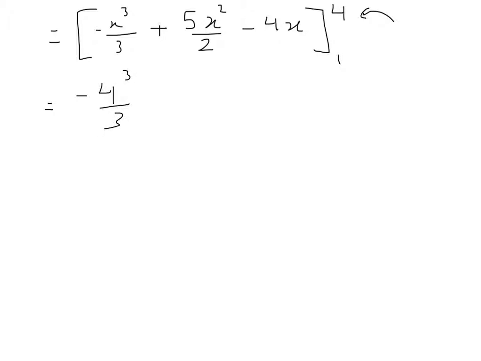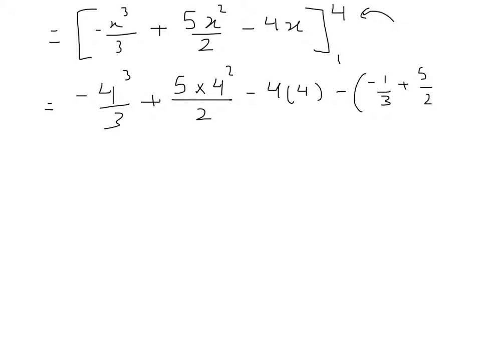This is where students normally make mistakes, so take it easy when you are substituting. Plus 5 times 4 squared over 2 minus 4 times 4, minus, put a bracket here, then substitute, and you have minus 1 over 3 plus 5 over 2 minus 4, bracket.